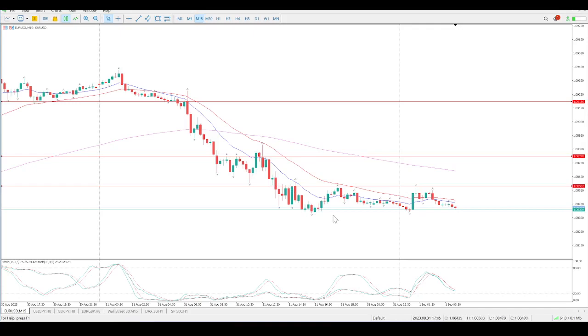So it'll be a break of yesterday's low and a retest of this area, and that's going to be around 1.08378. So it is looking short. I think it's looking like dollar strength at the moment. So I would be very, very cautious about trying to buy any longs here.